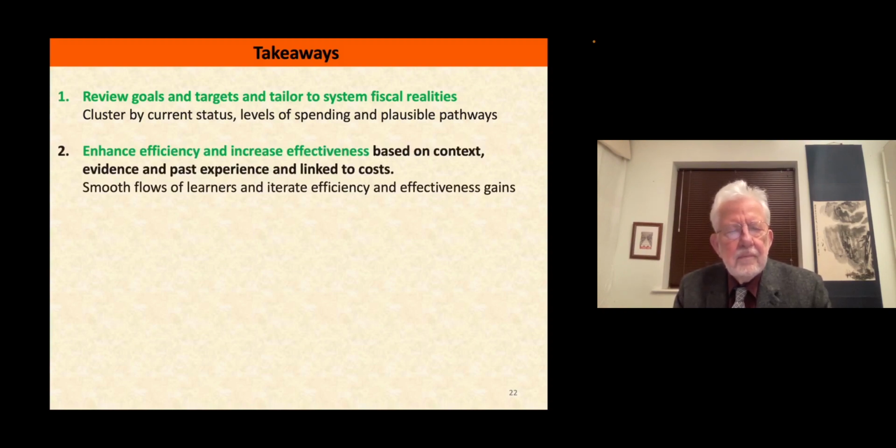Second, it is absolutely the case that efficiency and effectiveness are central to the questions of how to escape financing traps. It may well be possible to deliver far more educational services at pretty much the same level of cost by being more efficient. Indeed, if the most efficient systems were mirrored in the least efficient systems, those least efficient systems could probably educate 2 or 3 times as many young people for the same cost that they currently do.